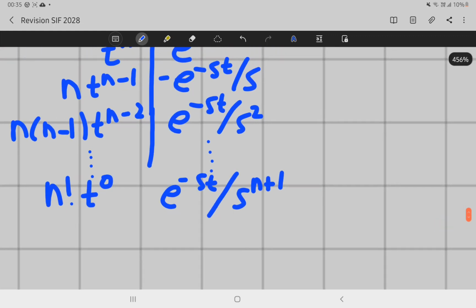Because we are differentiating until t to the power of 0.